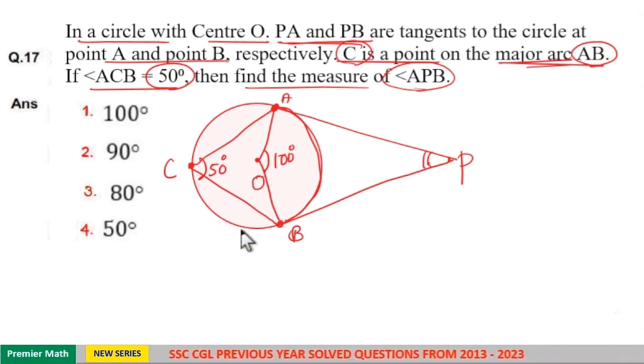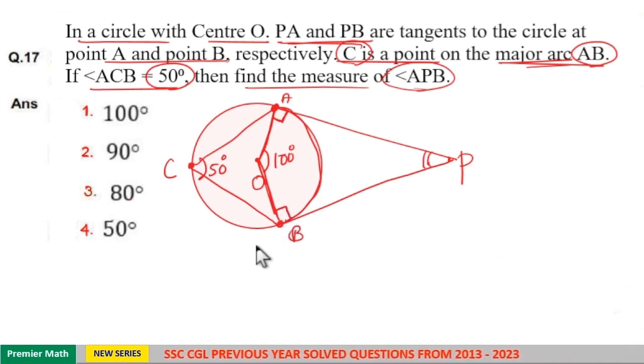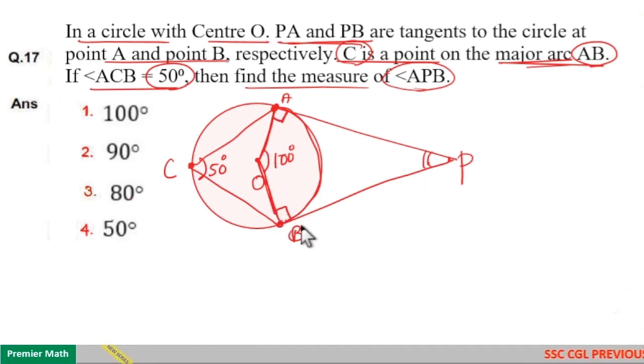Now this is 100 degrees, and you can see this is the center of the circle. This angle is created at the center of the circle, which means these two are radii. Now a radius creates a 90 degree angle with the tangent. If these two are 90 degrees, 90 plus 90 is 180. The sum of the angles of this quadrilateral OAPB is 360 degrees.